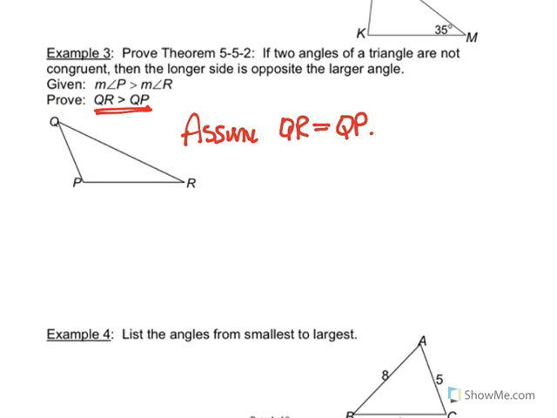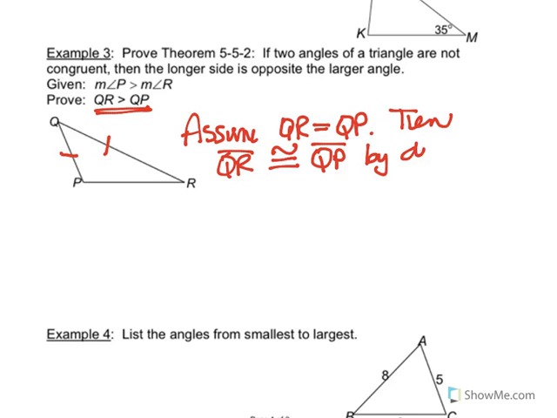So let's try it. Assume that QR is equal to QP. So if QR is equal to QP, then we can say QR, I put the markings there for you, is congruent to QP by definition of congruent segments.